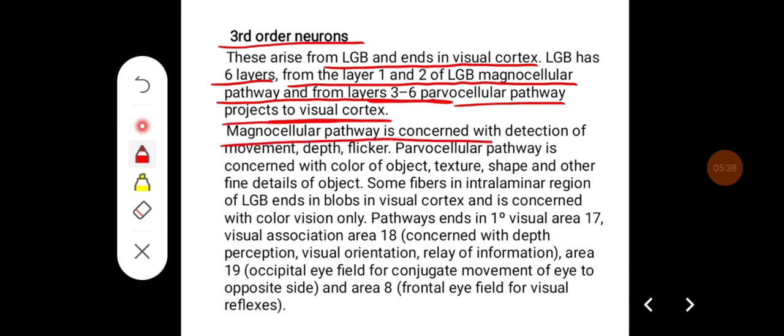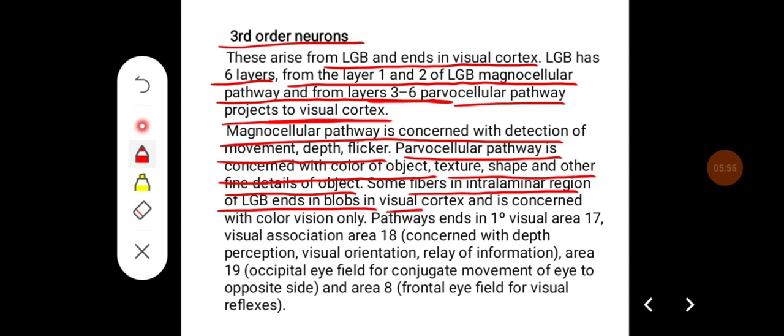Magnocellular pathway is concerned with detection of movement, depth, flicker, whereas parvocellular pathway is concerned with color of the object, texture, shape, and other fine details of the object. Some fibers in the interlaminar region of lateral geniculate body end in blobs in visual cortex and are concerned with color vision only.